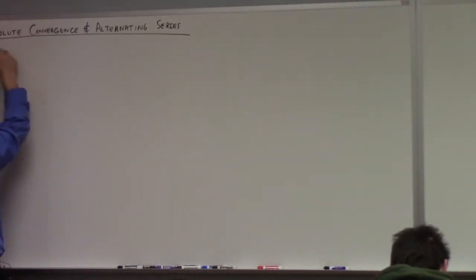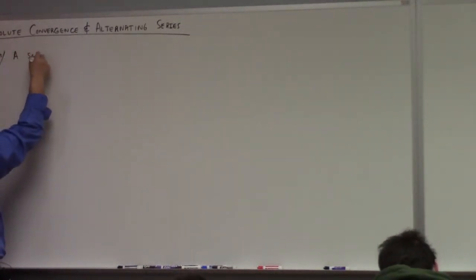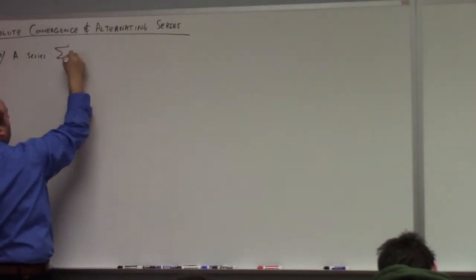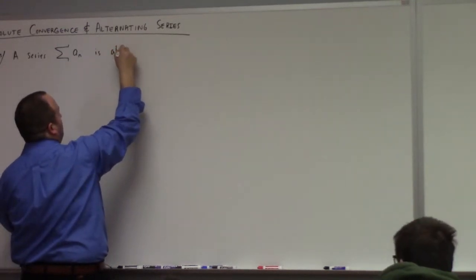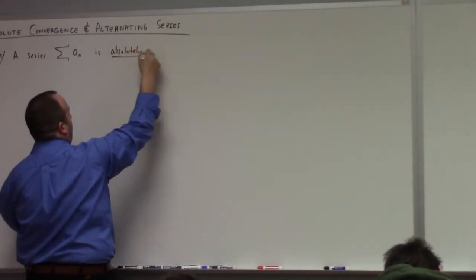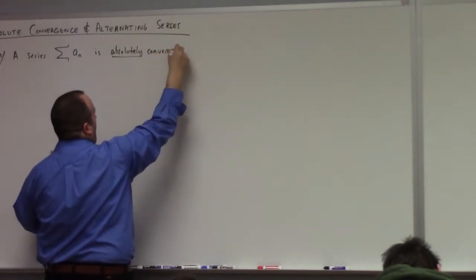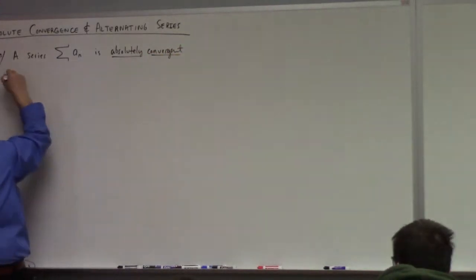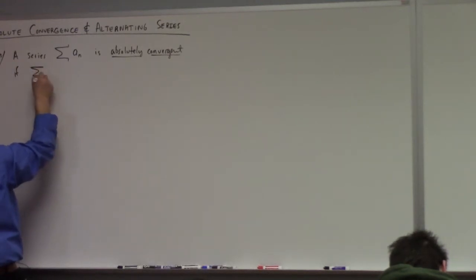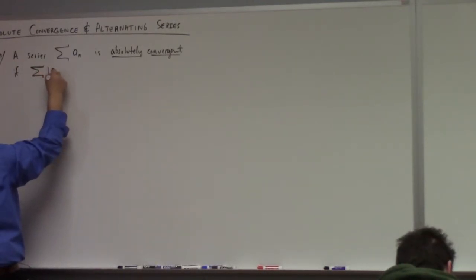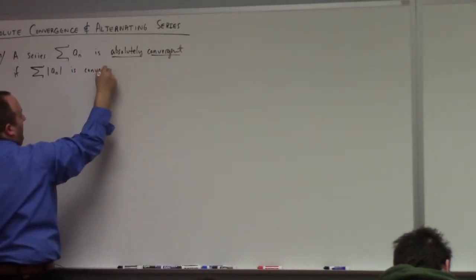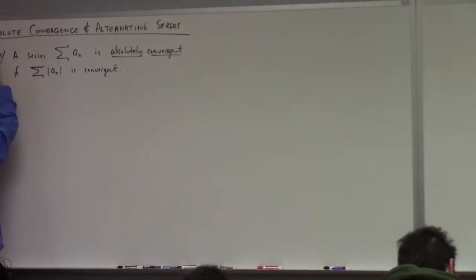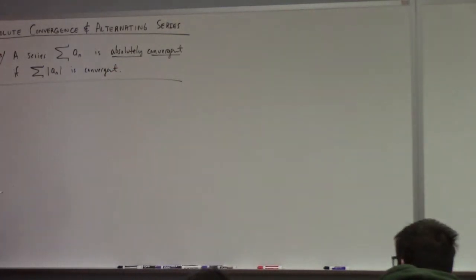Definition: a series, the sum of a sub n, is absolutely convergent if the corresponding series of absolute values is convergent. All right, so this is absolute convergence.